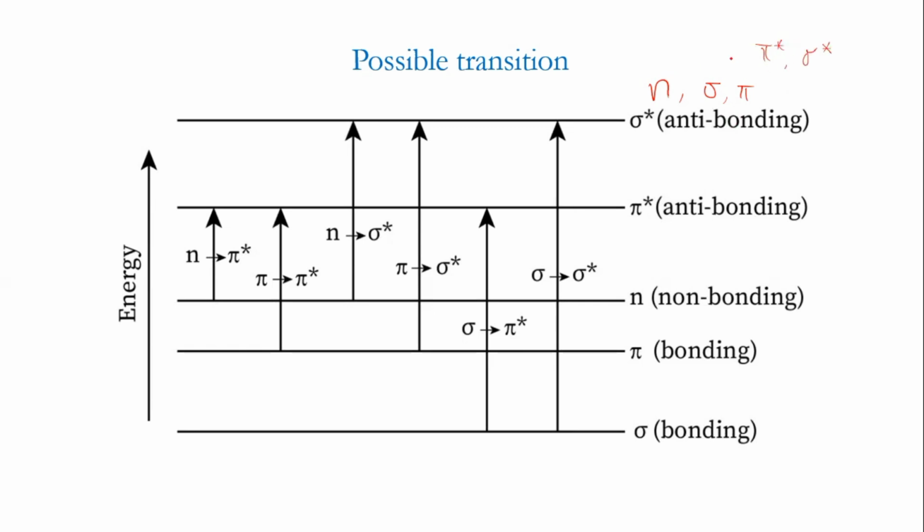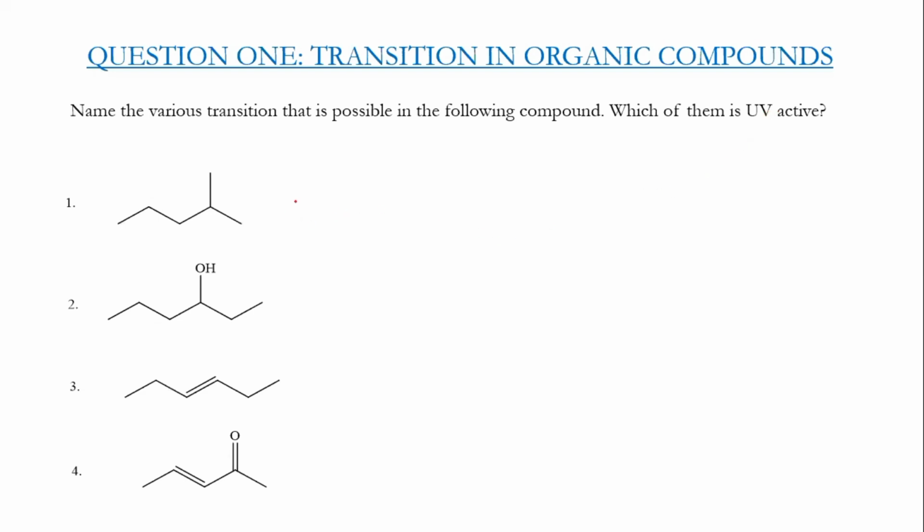So you may have transition from here to here, and so on. So that is what is happening. These are the low energy levels, and then you will have transition to the antibonding orbitals. All right, back to our question.